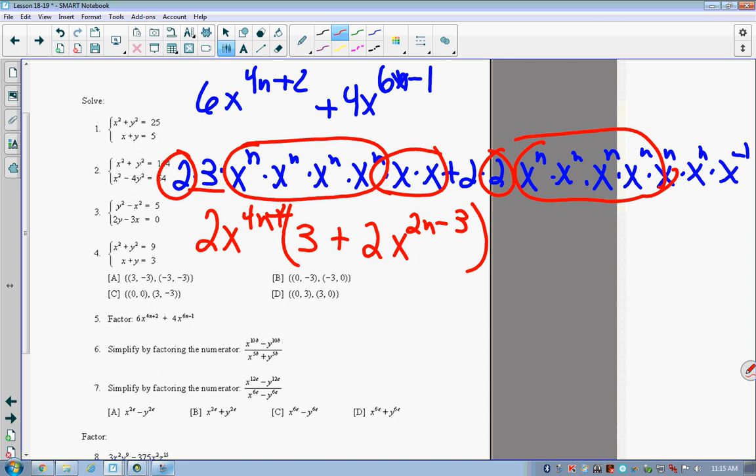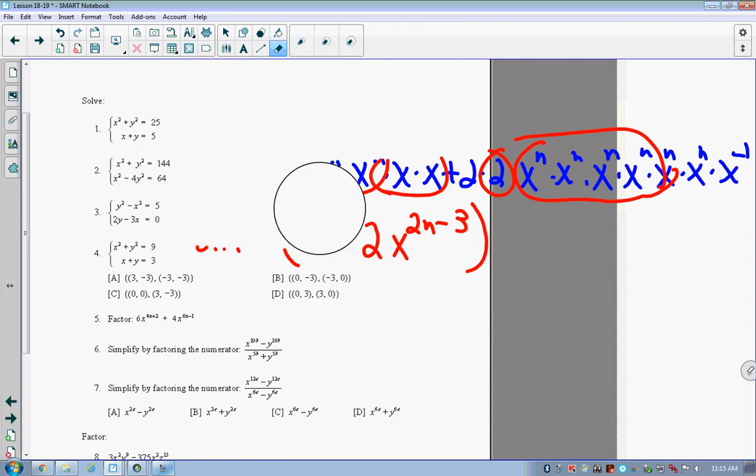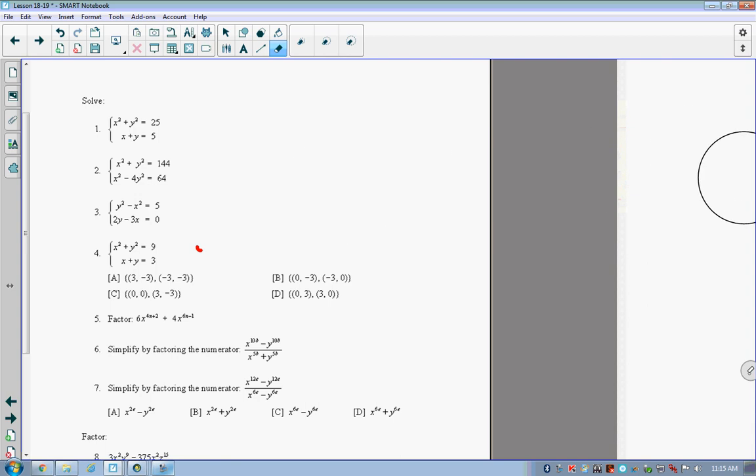Does that make sense? The trickiest part there is dealing with that negative 1 versus the 2 over here. So you have to just understand how adding exponents works, okay? So that's what we get when we factor it. I would say break it out into expanded form and then take the parts they have in common.